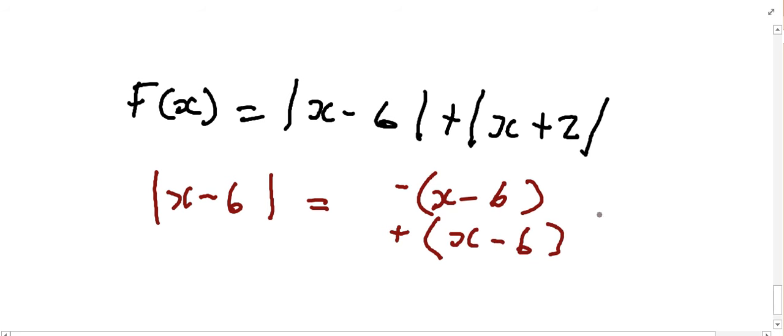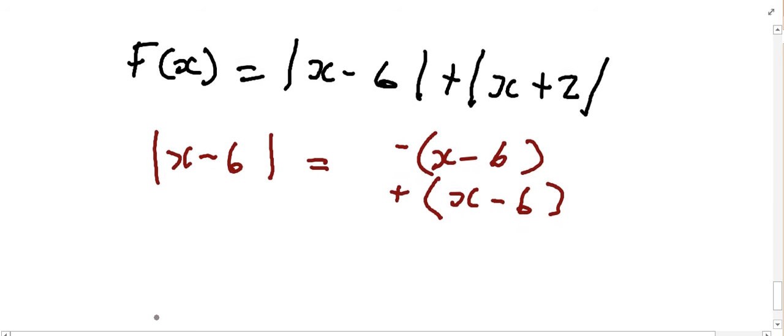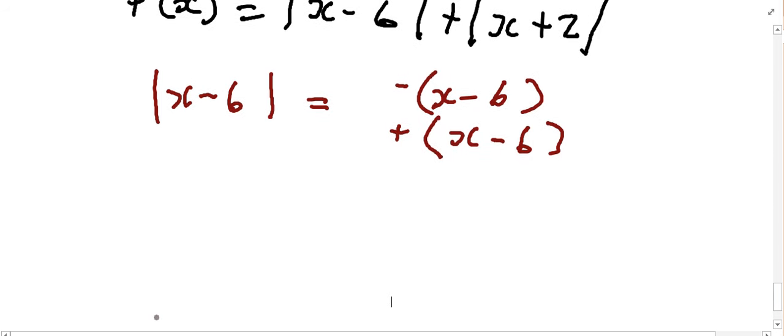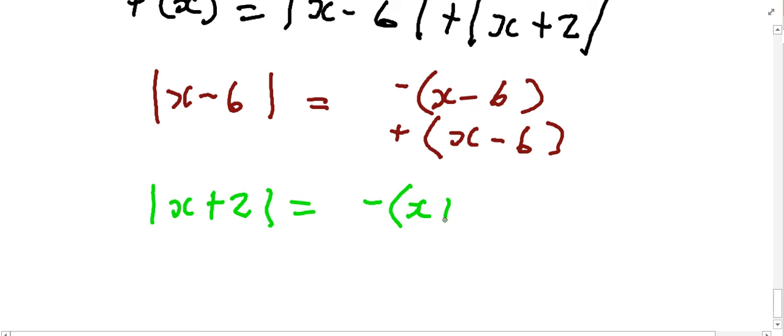Now let's look at the other one, x plus 2. The absolute value of x plus 2 is the same as negative x plus 2 and also positive x plus 2.